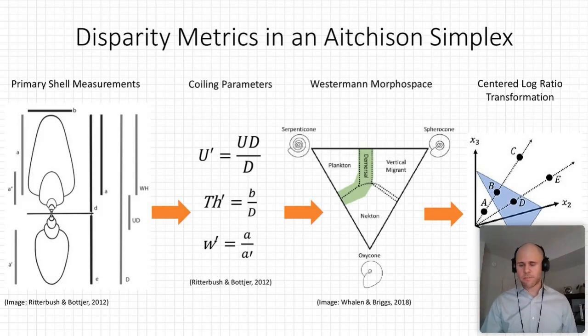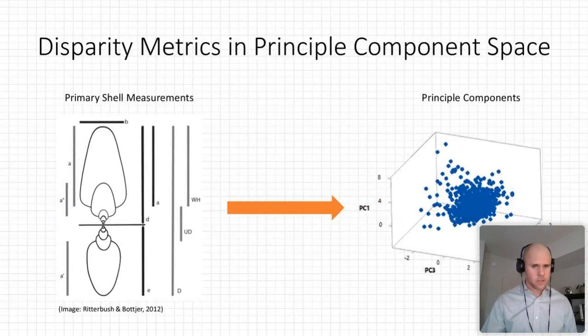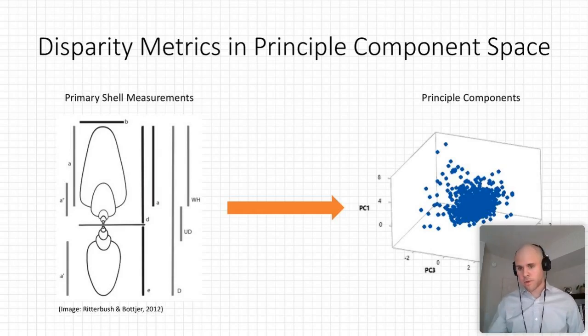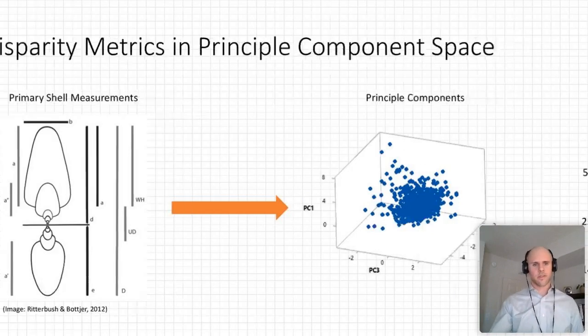This is rather inconvenient and somewhat removes your results from your original measurements. It would be much simpler if we could look at principal components directly derived from those primary shell measurements. The problem with this is the principal components aren't necessarily ecologically relevant to the same extent that Westerman morphospace is.